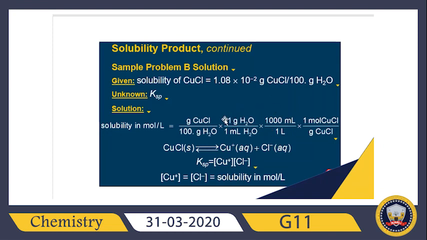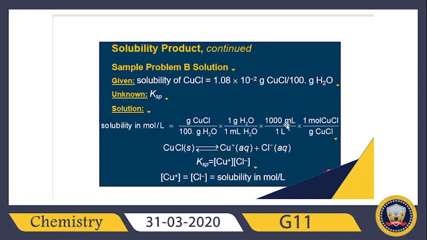We need to convert the grams of water first into milliliters, and then convert the milliliters into liters. So we multiply by the conversion factor, which is 1 gram of water over 1 ml of water, multiplied by 1000 ml over 1 liter.